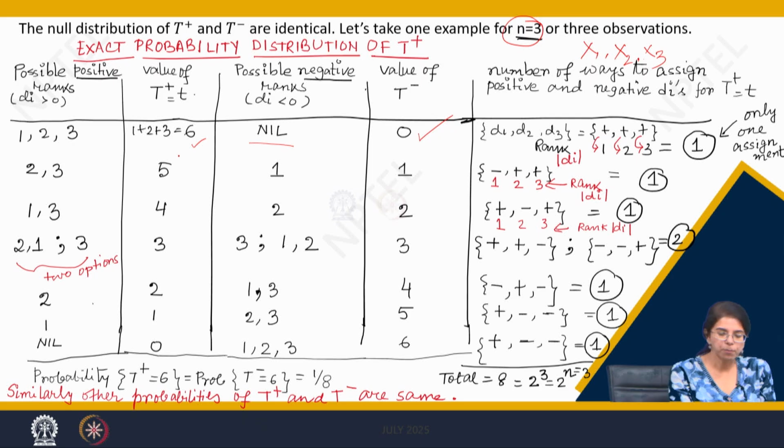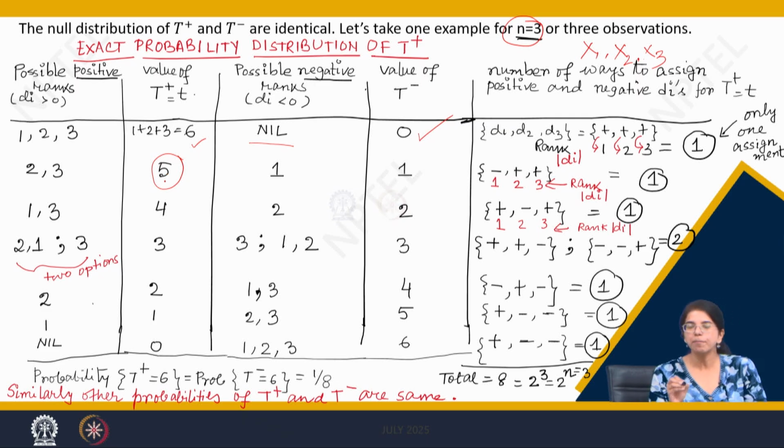Next, suppose the value of T plus is 5. How do you get this 5? What will be your assignment to the ranks? You have 3 observations, mind it. So the first observation is negative. First observation means the observation which has rank 1. But the second observation, which has the rank 2, and the third observation, which has rank 3, are positive. So if you are adding 2 plus 3, that is equal to 5.